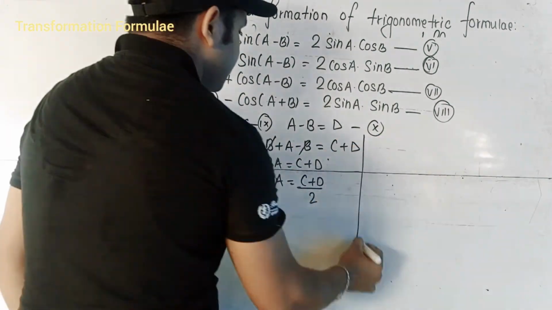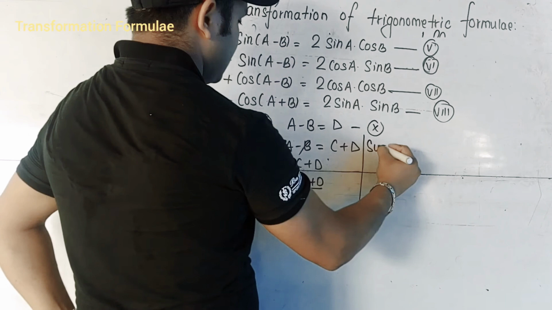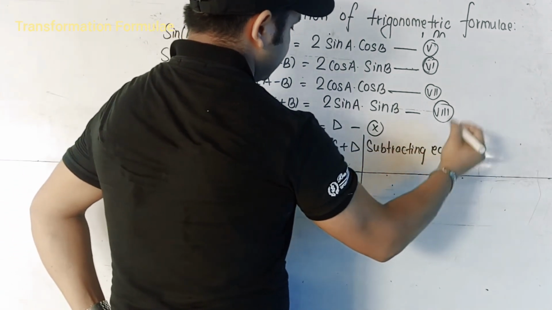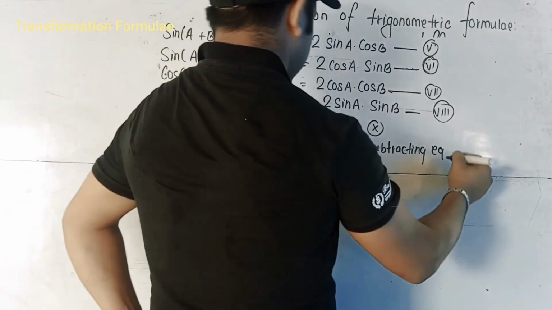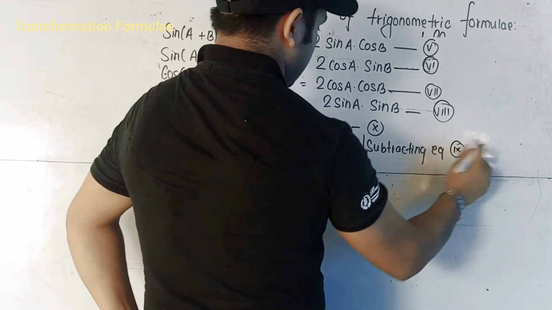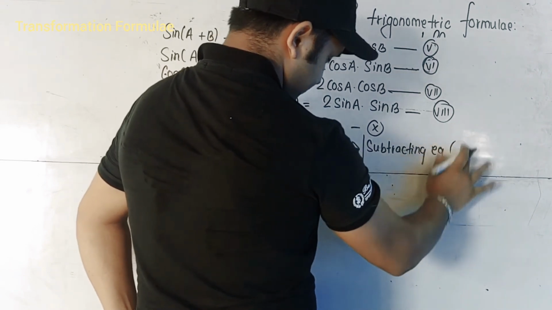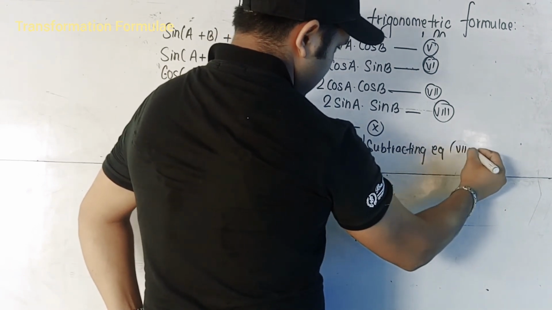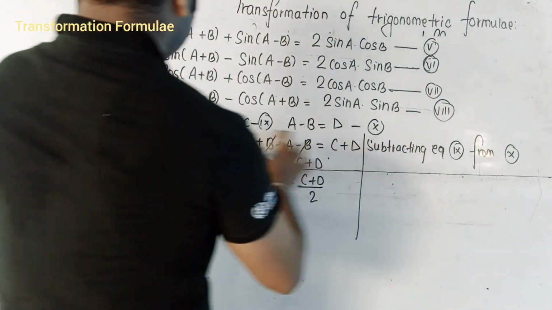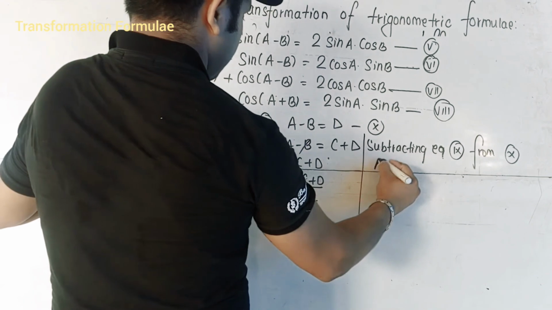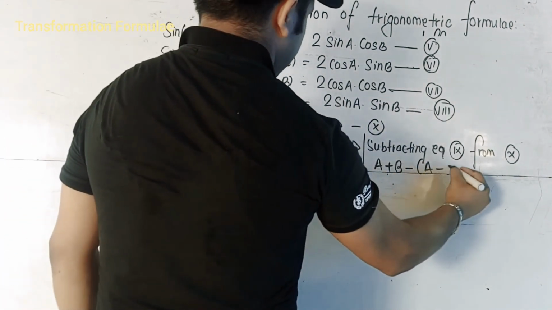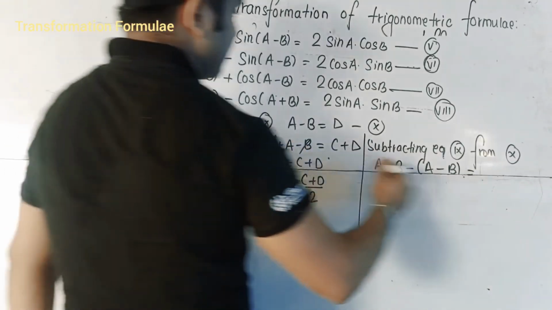What happens when subtracting equations 9 and 10? We are subtracting equation 10 from 9. So equation 9 is a plus b minus equation 10, a minus b, equals c minus d.